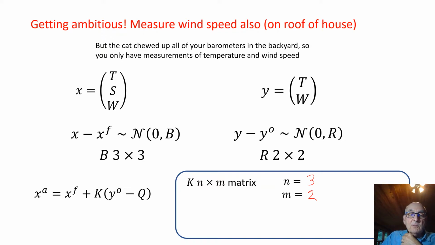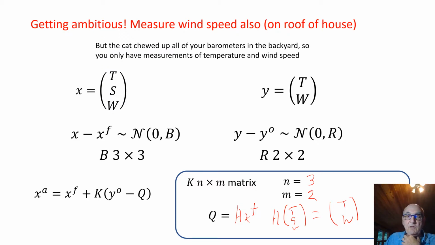Now Q is going to have to take in a 3-vector and give out a 2-vector, so Q is going to be equal to some matrix H applied to XF. That matrix H is going to take T, S, and W, the 3-vector, and give you just a 2-vector, which is T and W. In other words, it's projection onto the first and third coordinates.